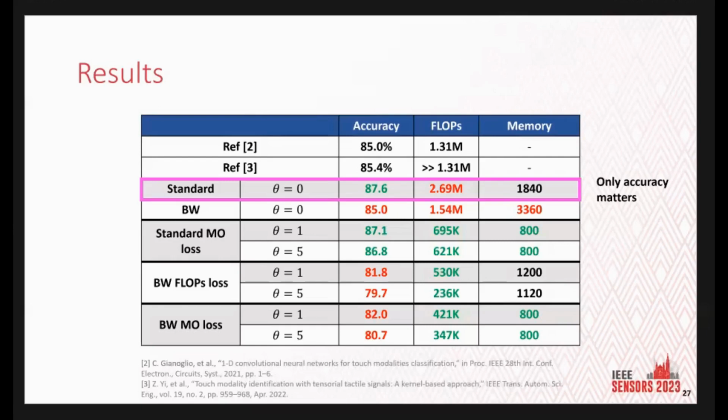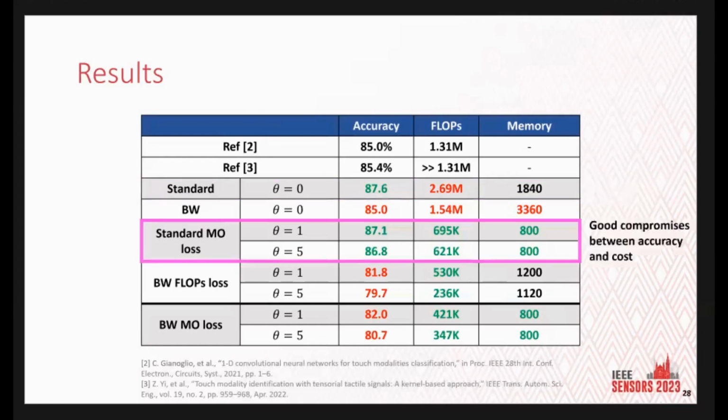In particular, the highlighted line corresponds to the best accuracy that we achieved, 87.6 with theta equal to 0. So it means that we didn't measure the computational cost during the neural architecture search. And of course, we can see that the number of flops is higher with respect to our reference in the first line.